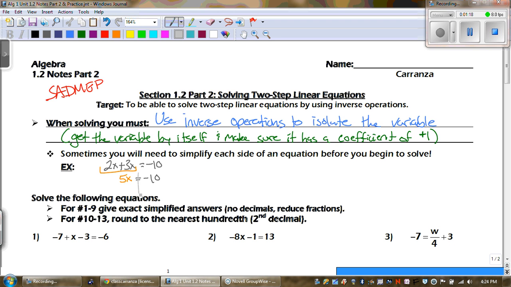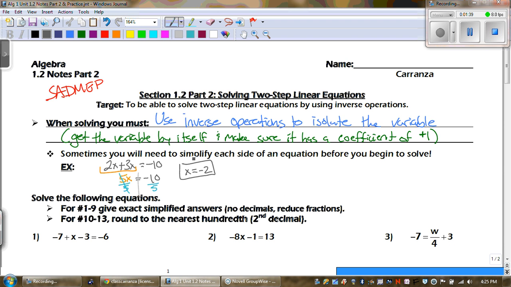Ms. Carranza talked about in class yesterday how we draw the line down the middle so we can see the two sides of the equation. And now to get the variable all by itself, we have to divide by 5. Then when we divide by 5, we get that x equals negative 2.